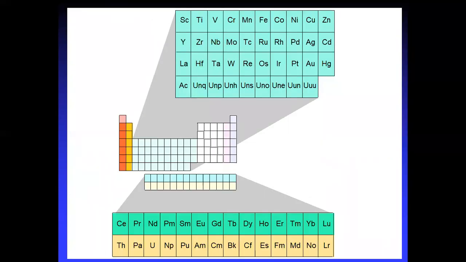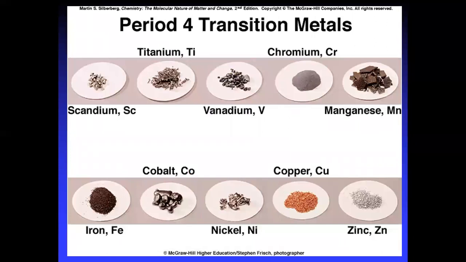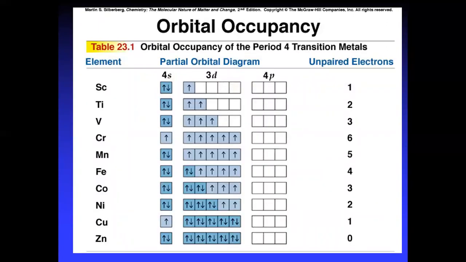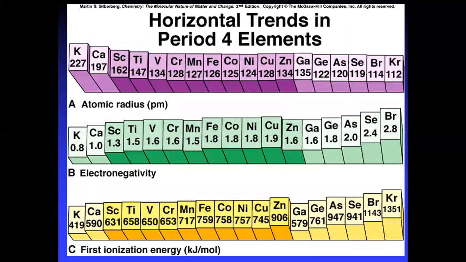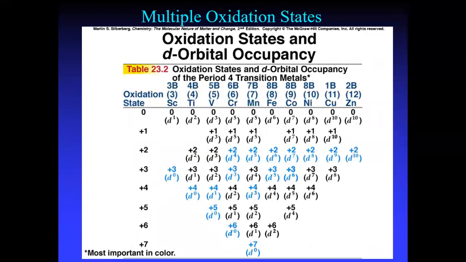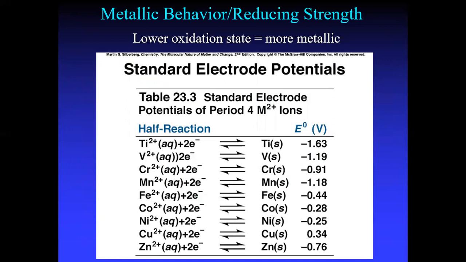Here we have seen the atomic radii. We have seen the configurations, orbital occupancy, the electronegativity trends, and ionization energy, how it's increasing. We have seen this in the 3d series. And we have discussed the multiple oxidation states, the reducing strength and the metallic behavior.